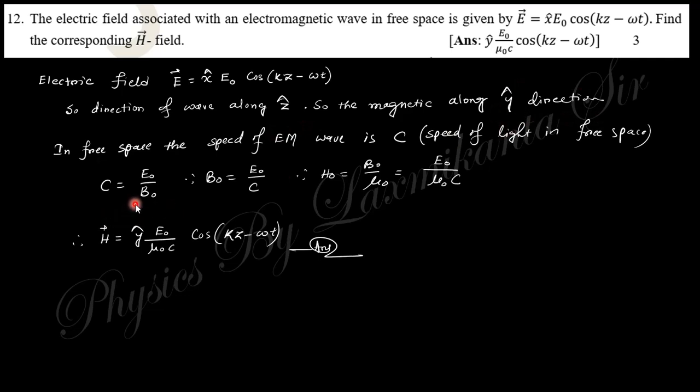The magnitude of the magnetic field B naught equals E naught by c, so H naught equals E naught by mu naught c. This gives you this solution. H naught is the amplitude or maximum value of the magnetic field. Put this value of H naught here and you will obtain this magnetic field.